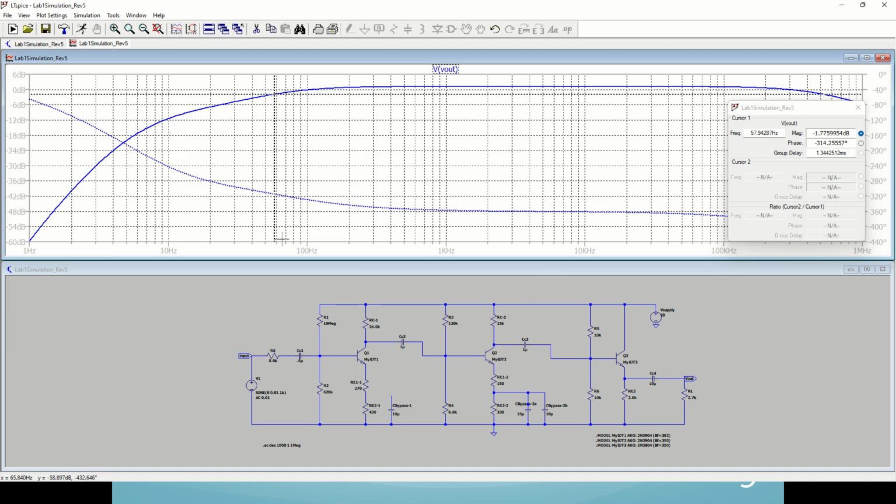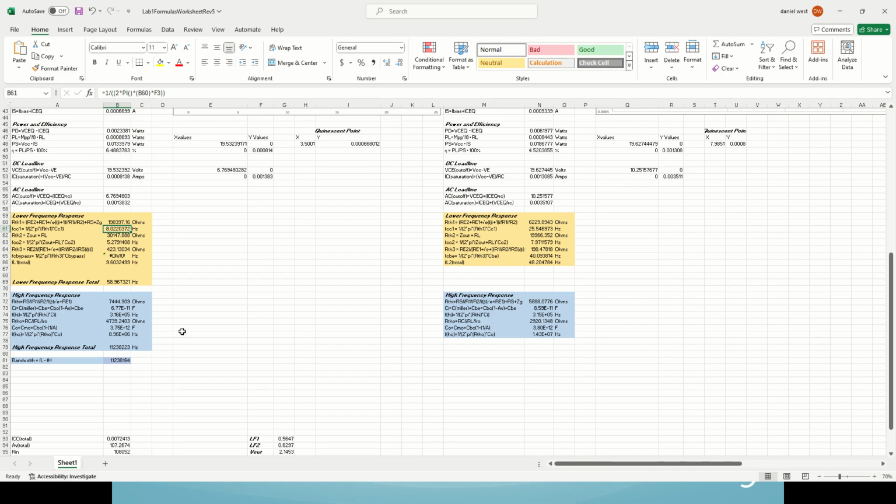But I hope this helps. This is primarily what I wanted to go over. And again, just looking at this circuit and looking at every single frequency response for every single capacitor, we can tell that the dominant one is the bypass capacitor, the second stage.